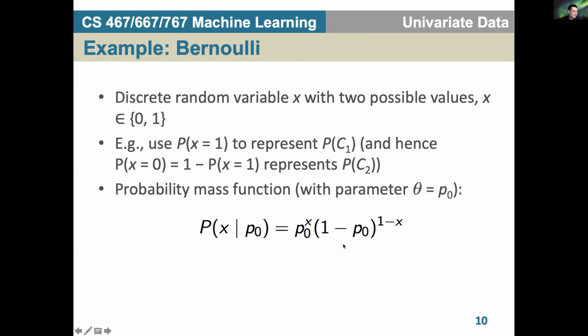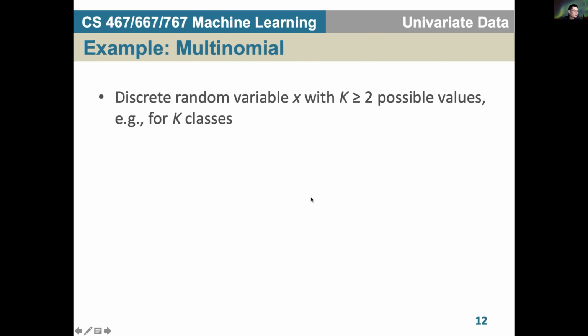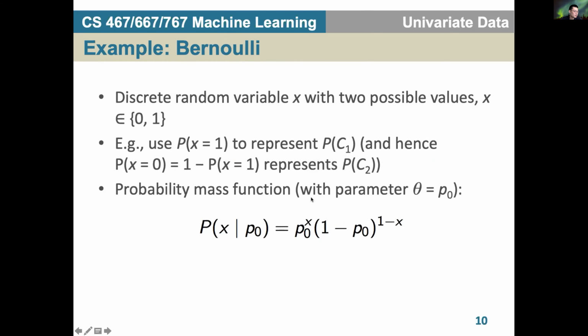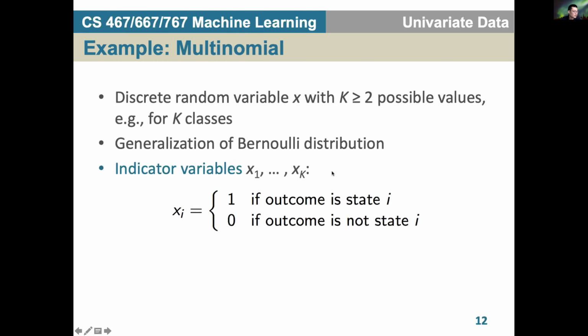Basically, they're equal. But with 1 minus P0, we don't need another parameter P1, because if they sum up to 1, we don't need to constrain them. But now we have more than one class, so we have a constraint.